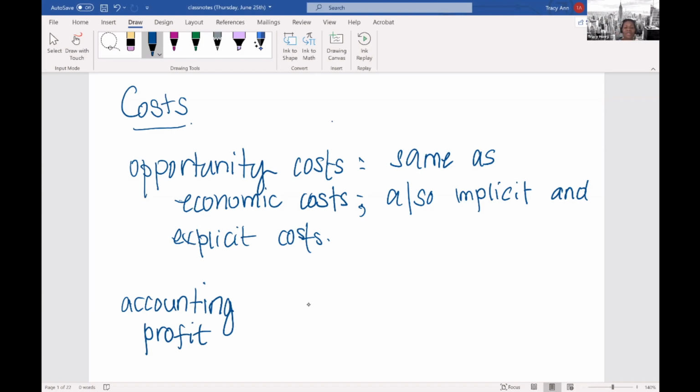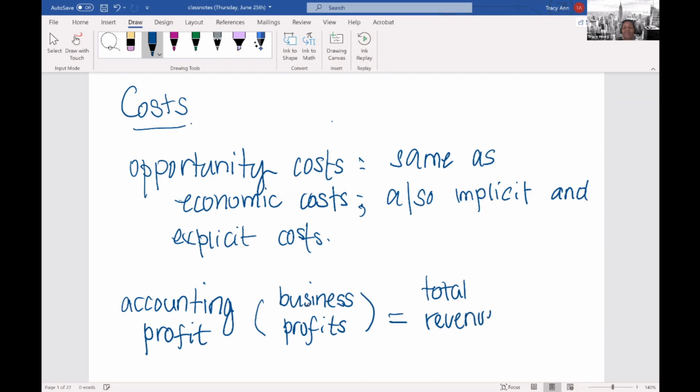So here I want to just say business profit, so that we understand that I care only about the resources being used to produce a particular good, the particular product, as well as the revenue that is coming from that particular product. So this is equal to your total revenue, remember, our total sales, minus your explicit cost.